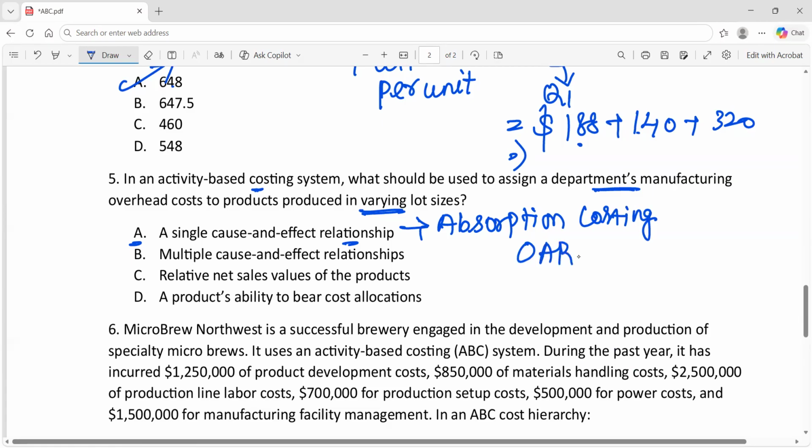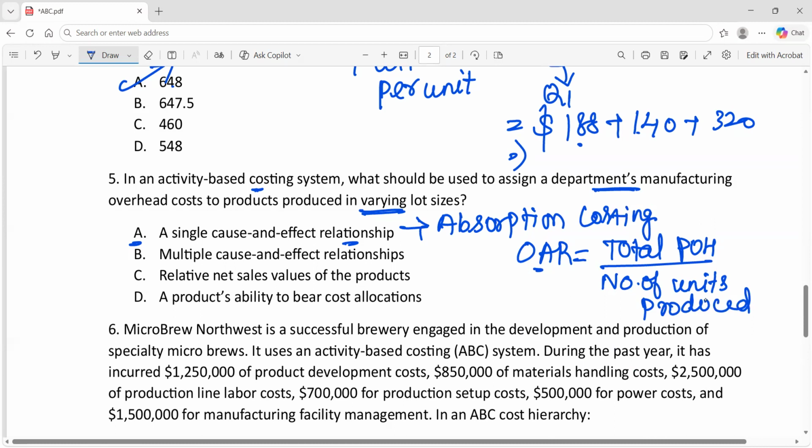OAR, the overhead absorption rate, is equal to your total production overheads divided by number of units produced. Instead of number of units produced, sometimes we take labor hours or machine hours also. That depends. If it is a capital intensive industry, we take machine hours, or if it is a labor intensive industry, we take labor hours. However, there is only one cause and effect relationship.